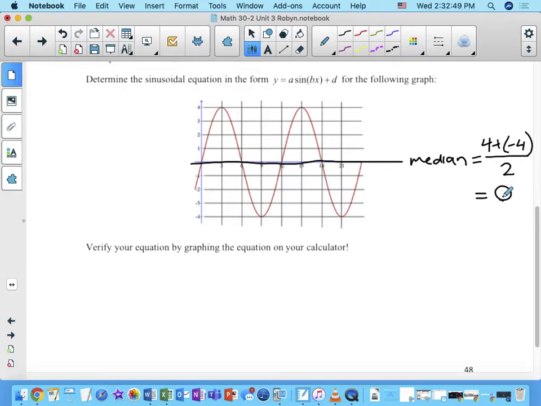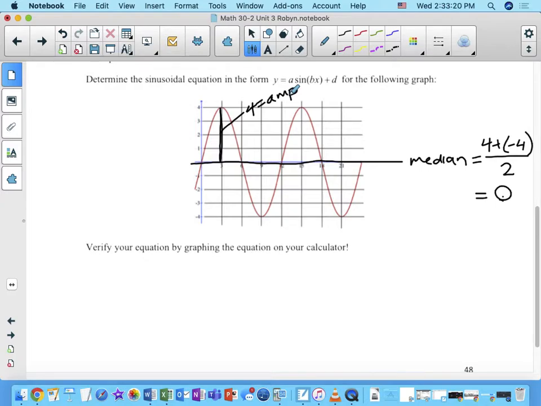Okay? What is the amplitude of this graph? Yep, it's 4, exactly. So that's right here. You could see again that it's 4. But again, if you can't see exactly what that is, it's going to be half the distance from the max to the min, because it's from the middle to the max or the middle to the min.